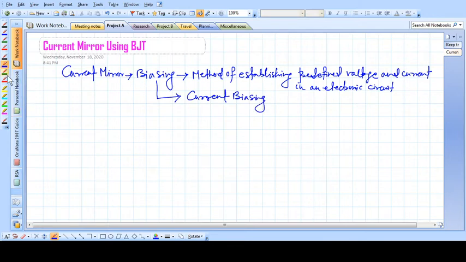Okay, so now we have to start with the concept of why we are using the current mirror. And what is the current mirror?